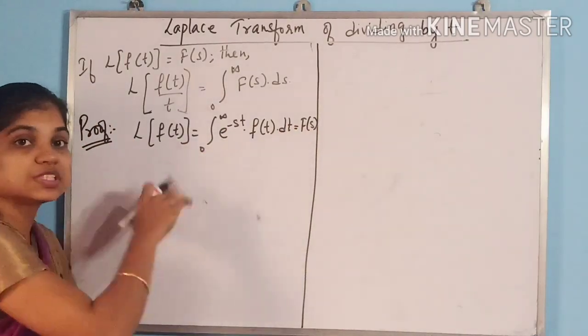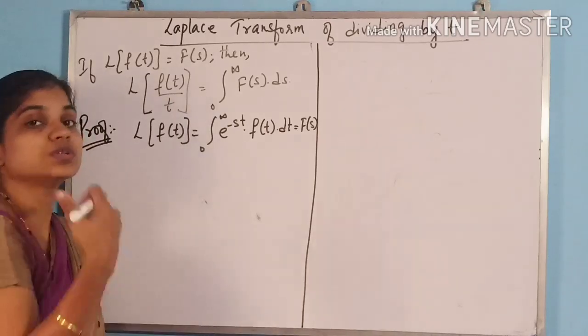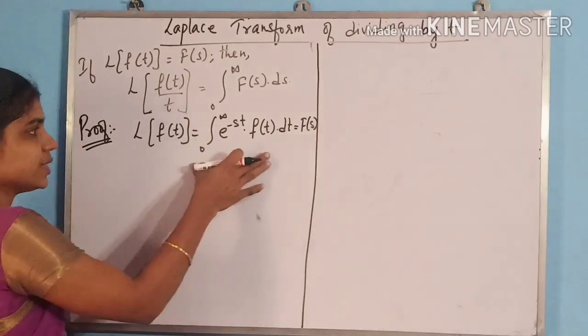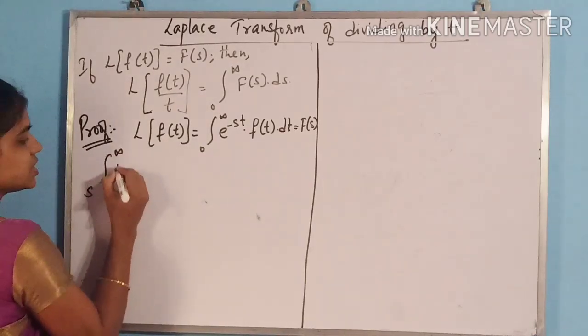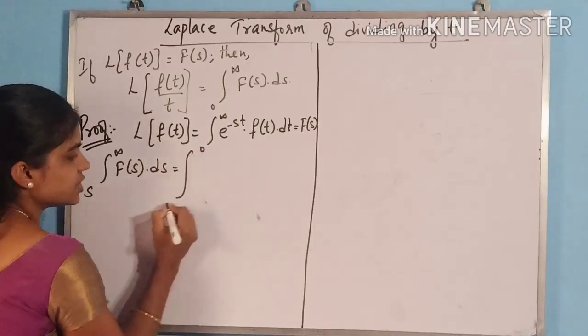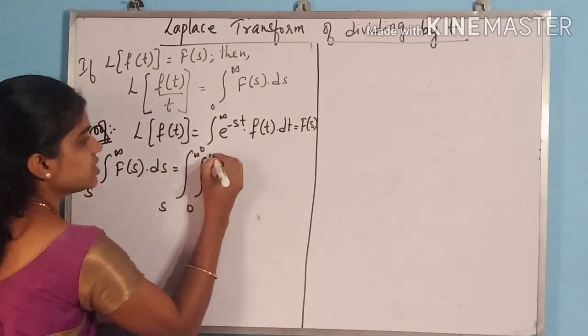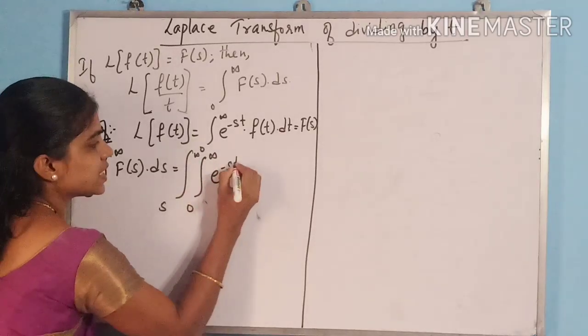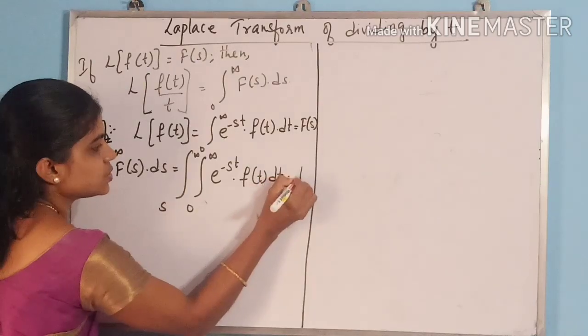Integrating both the sides with respect to s and taking the limits from s to infinity. So when I do that, I get integration s to infinity f of s ds is equal to integration s to infinity integration 0 to infinity e raised to minus st f of t dt into ds.